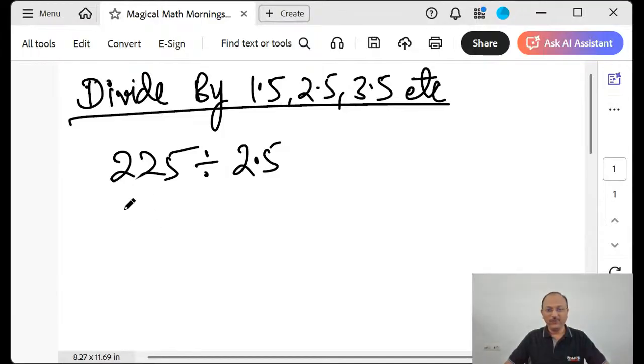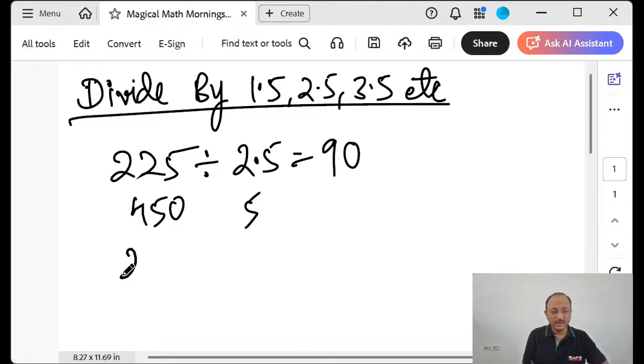Yes. 450 we'll get here and 5 we'll get. 9 fives are 45. Therefore, 9 followed by 0. That's it. 90. Correct? Yes, most of you are right. It is 90 because 225 doubled is 450. 2.5 doubled is 5. 5 nines are 45 means 90.